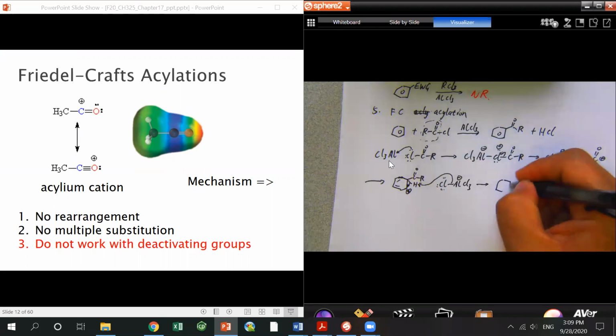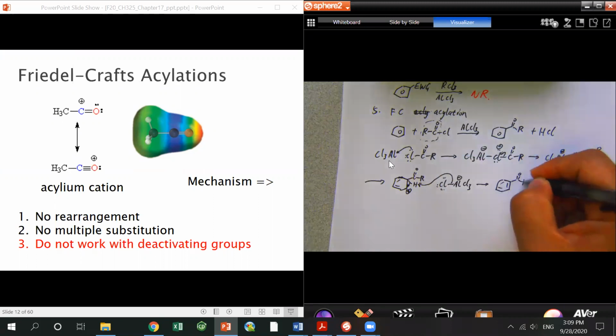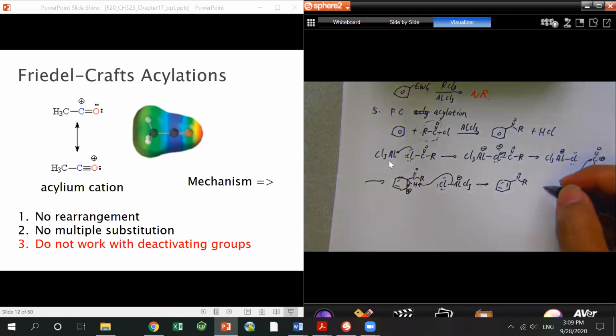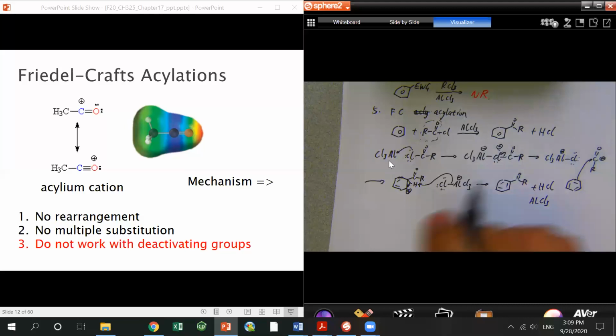After the reaction, you generate HCl as one product, and aluminum chloride, the catalyst, which can be reused, recycled.